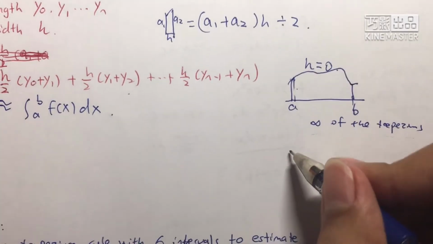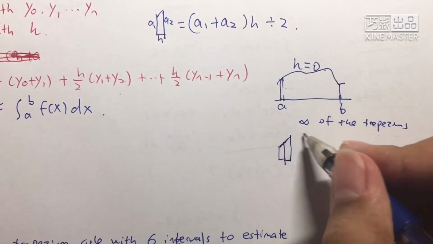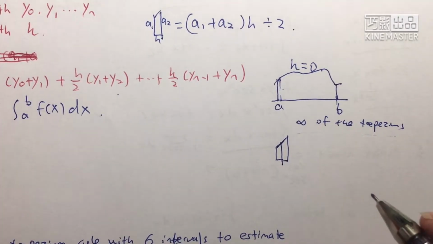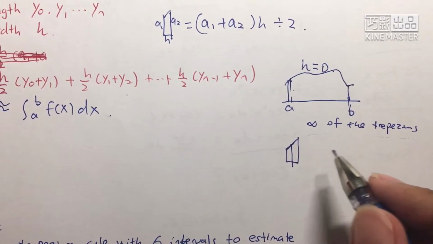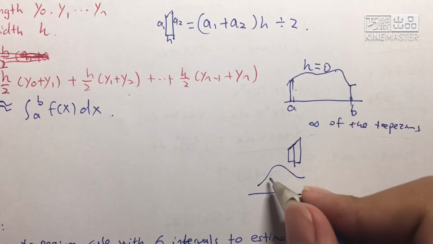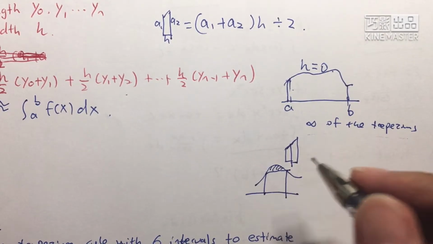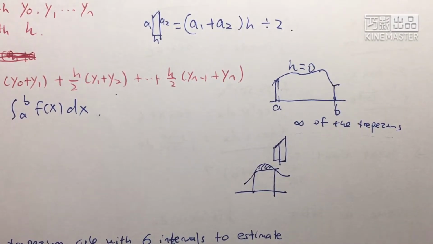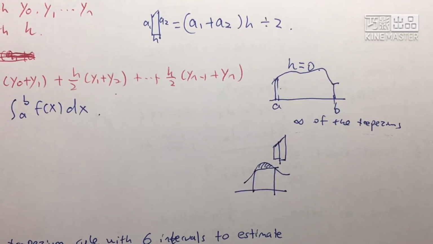The trapeziums will fill up everything in the curve if the trapeziums are small enough. From here we can see that the more trapeziums you divide into, the more accurate you are. For example, if you only divide into two pieces, it's very inaccurate because there is a very big gap here.